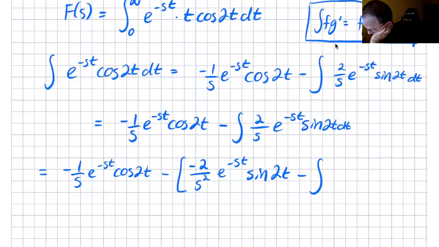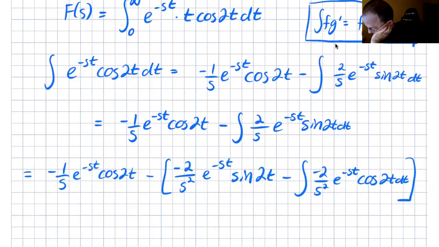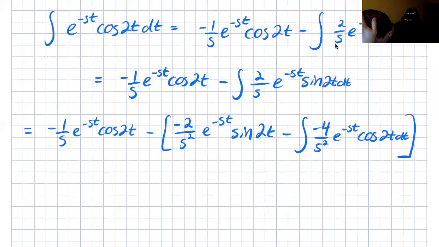So the integral, that is -2 over s squared e to the negative st times, now the derivative of sine, which is cosine 2t times 2. So this will become a 4 here. Okay, what do we get?